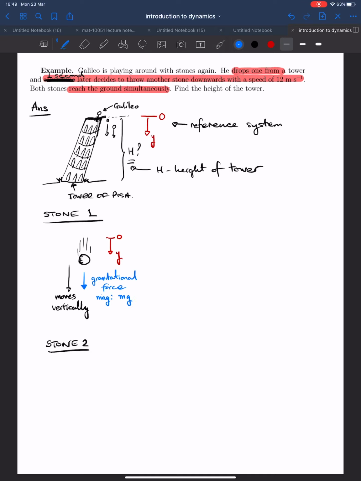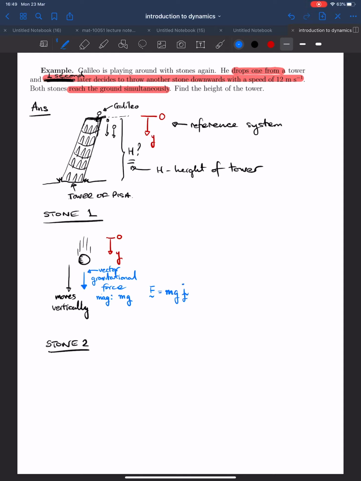And this vector represents the force. It points downwards in the positive y direction, so we can immediately say that this stone is experiencing a force that can be described by the vector mgj.